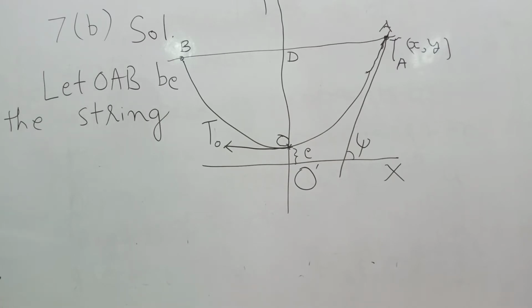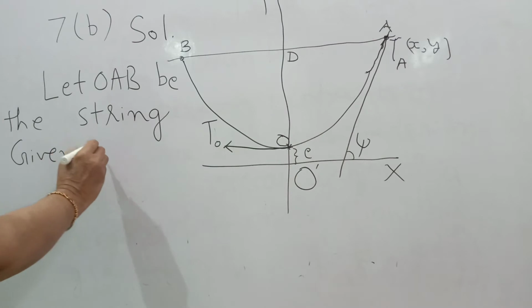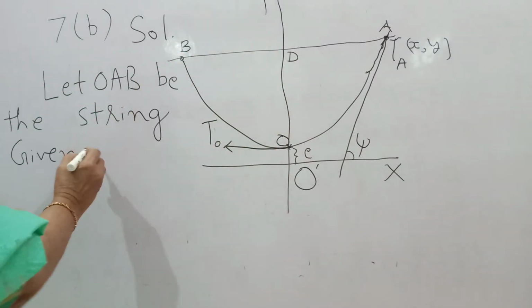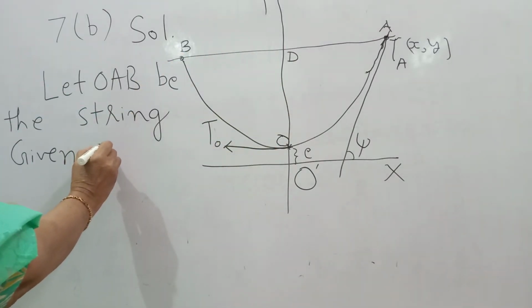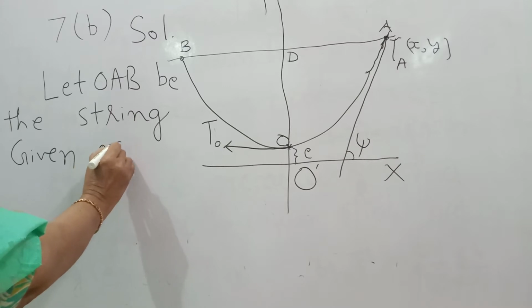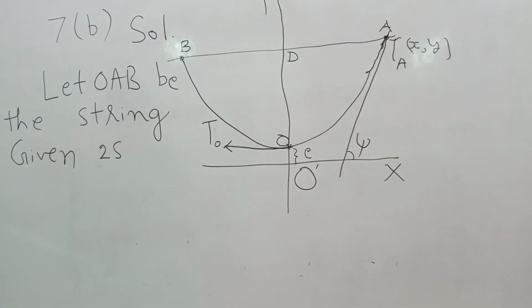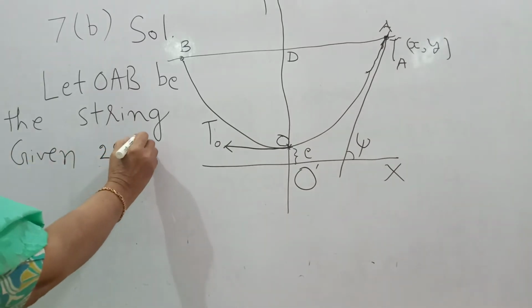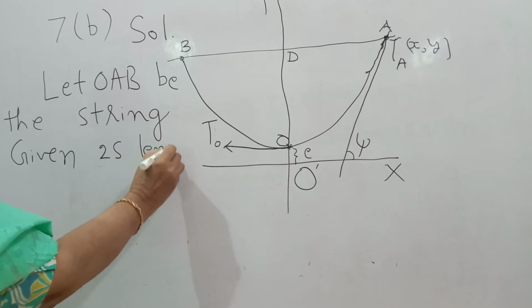First of all, you see what is given. So, what is given here? Given here is AOB, that is the length of the string, that is 2s, the length of the chain.